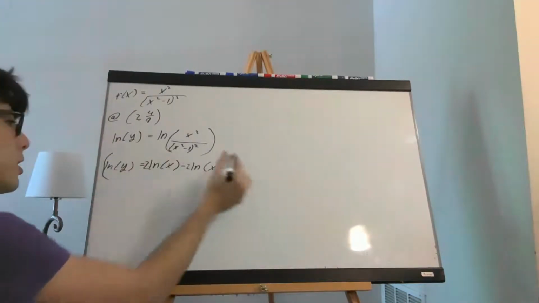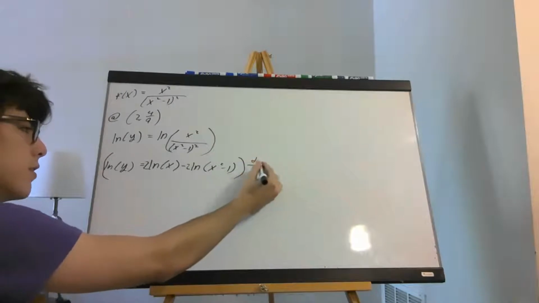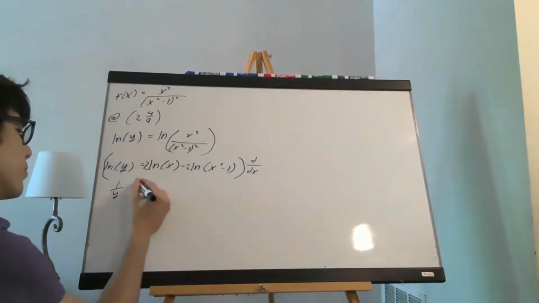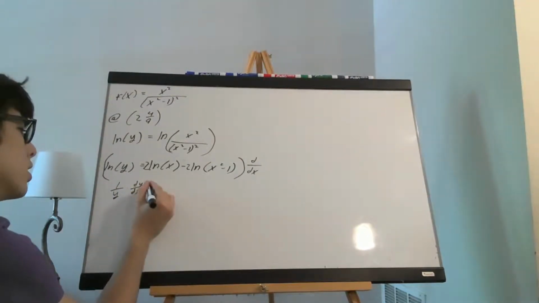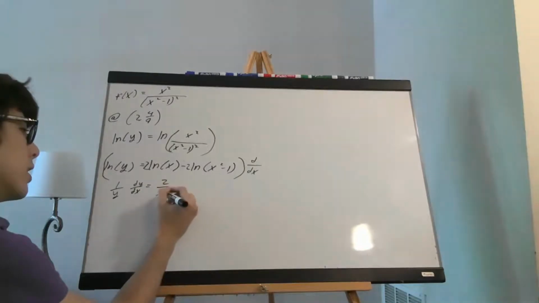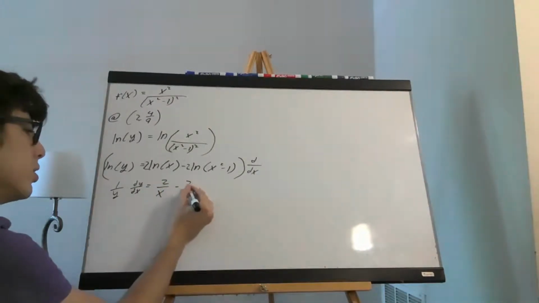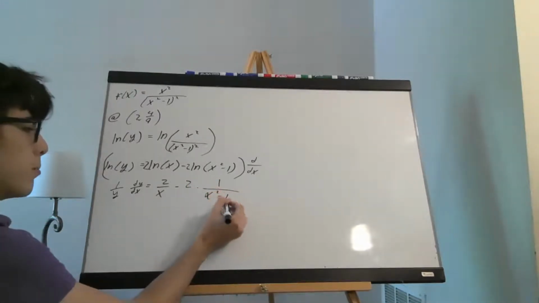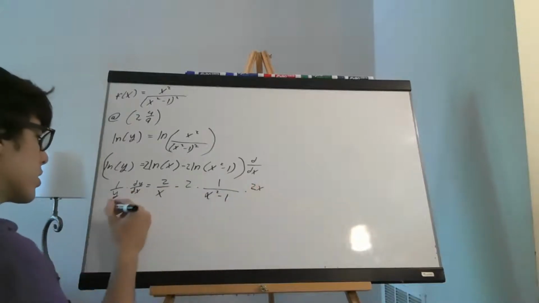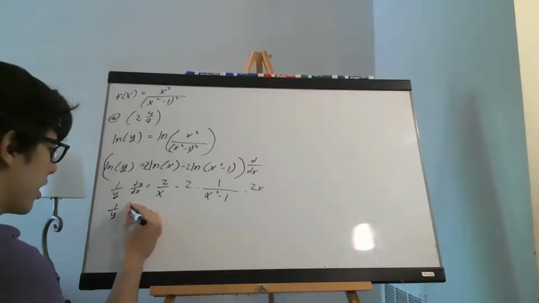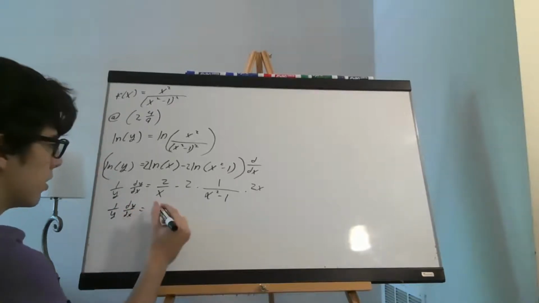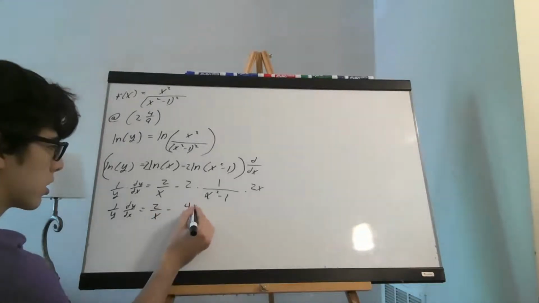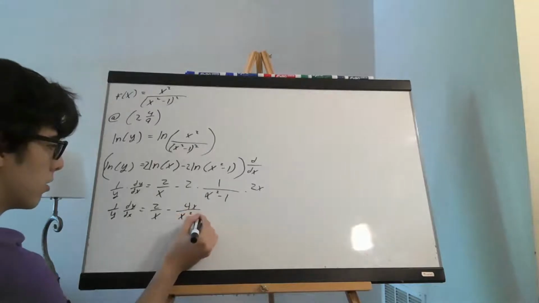So the next step is going to be take the derivative of the entire equation, which should give us 1 over y times dy dx, which is equal to 2 over x minus 2 times 1 over x squared minus 1 times 2x, which gives us 1 over y dy dx is equal to 2 over x minus 4x over x squared minus 1.